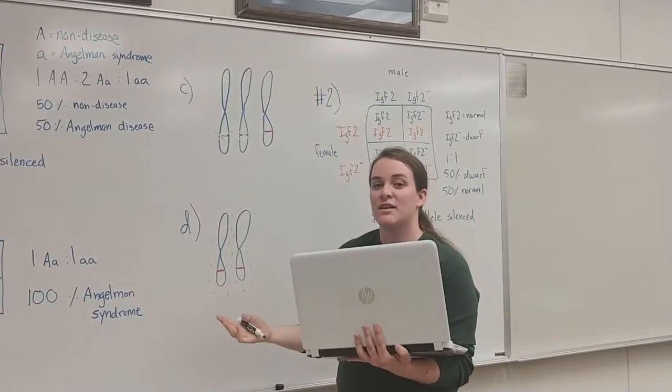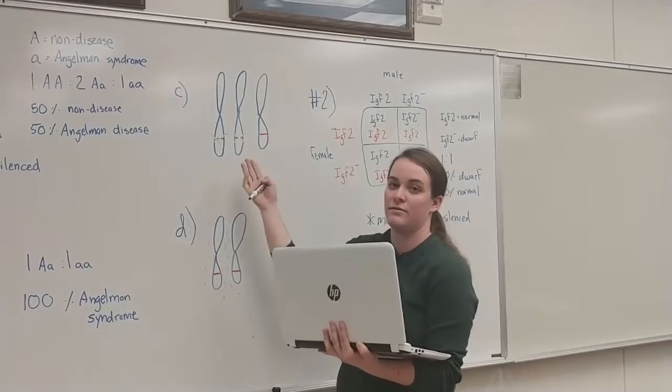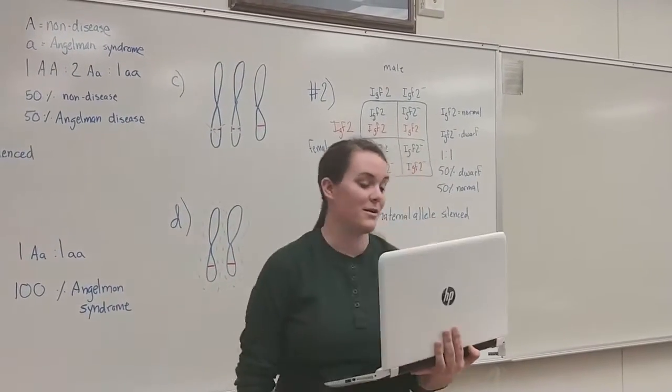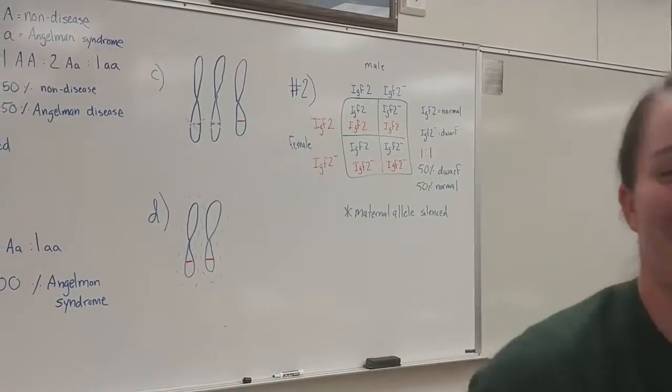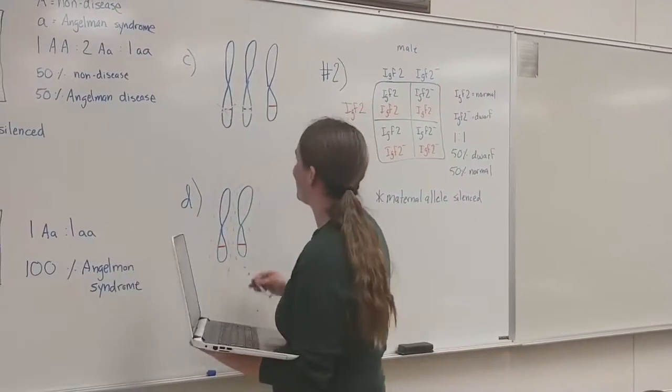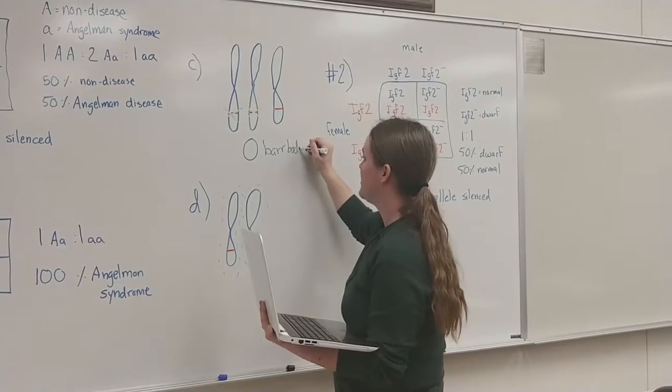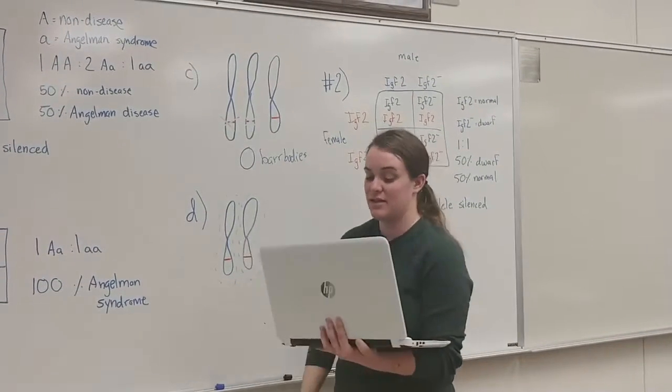And since we need 1 X to be activated, we won't have any Barr bodies. Where'd my markers go? Sorry, man. You're good. I'm going back and forth. So it'll come out to be 0 Barr bodies, because we need this one to be activated still.